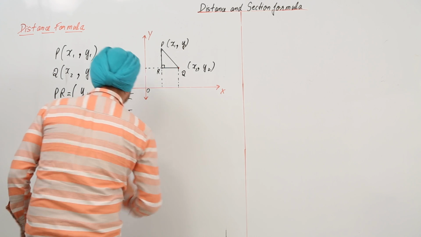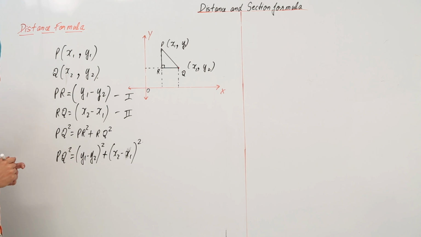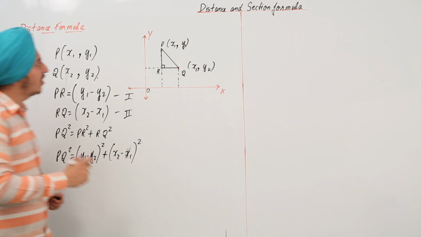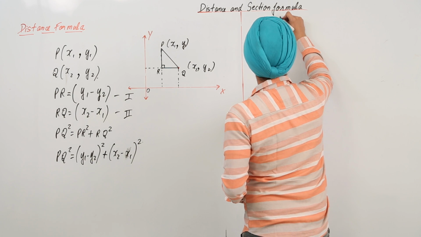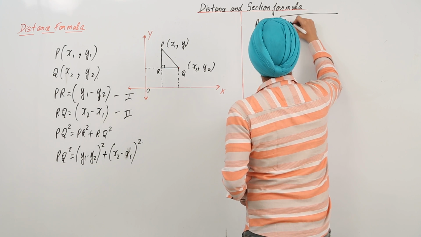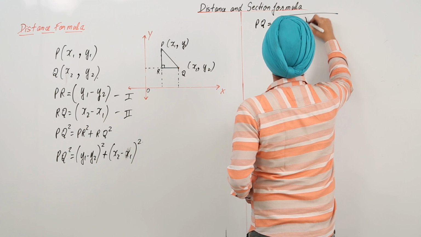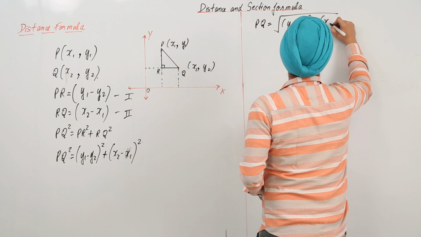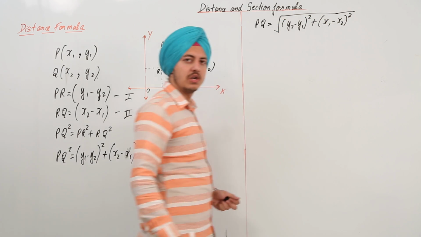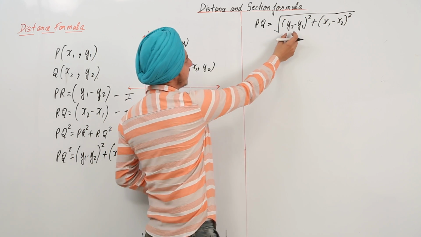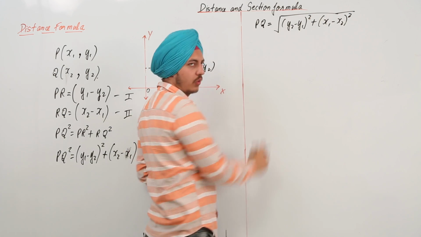whole square. Okay. Now the value of PQ would be equal to the square root of (y2 minus y1) whole square plus (x1 minus x2) whole square. This is it, right? Now we can always rearrange the terms in this because there's a square over there.